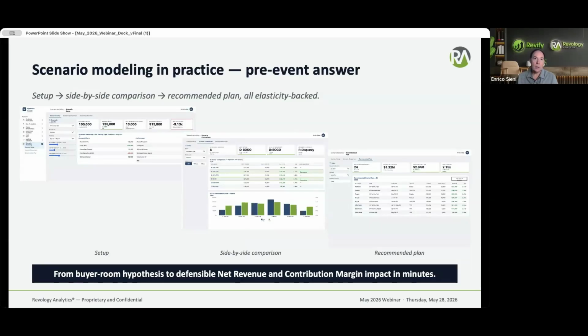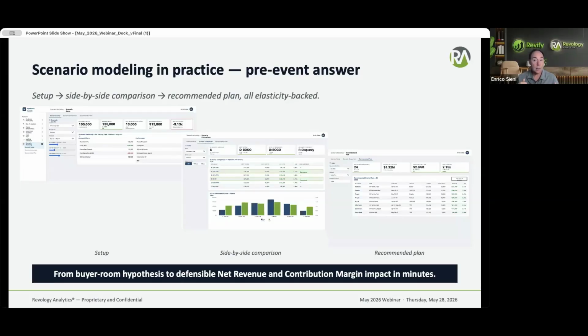In practice, there are three screens that we set up. You have side-by-side comparisons, you have a recommended plan, and all of it is elasticity baked. And so you set up your scenario, your baseline units, your promo units, the depth of discounting, your expected lift and cannibalization.